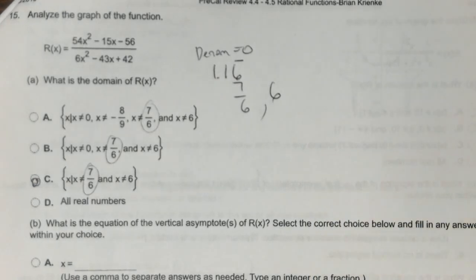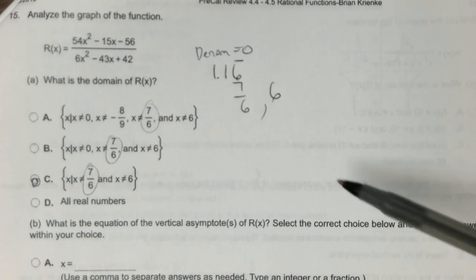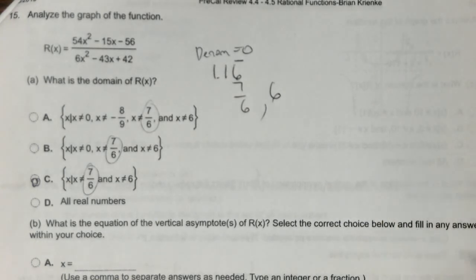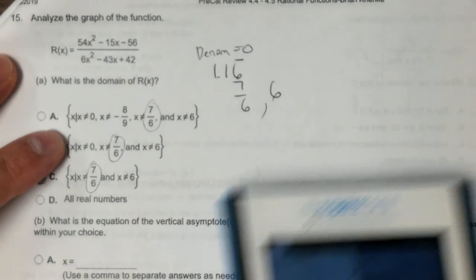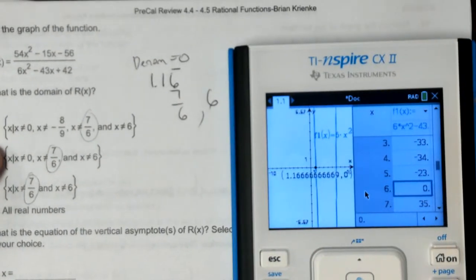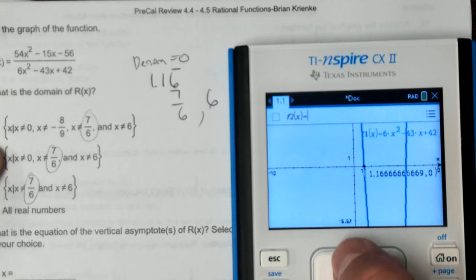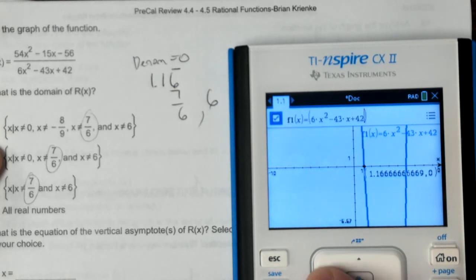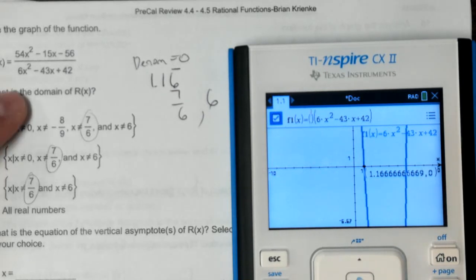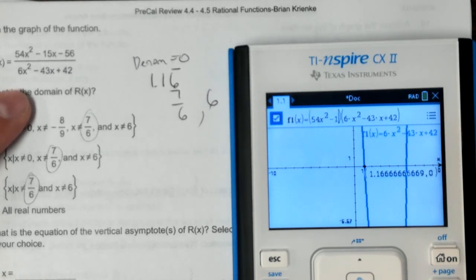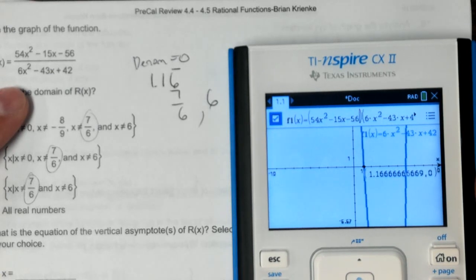Then for our overall function, we have 54x squared minus 15x minus 56.